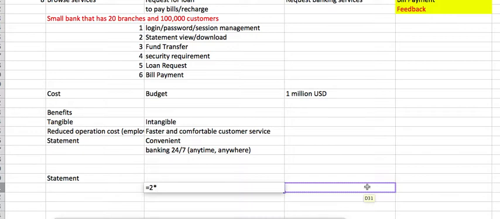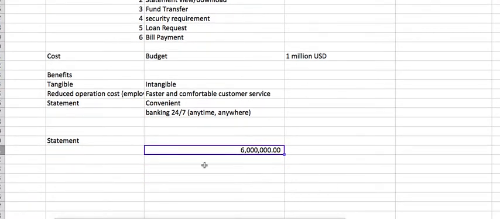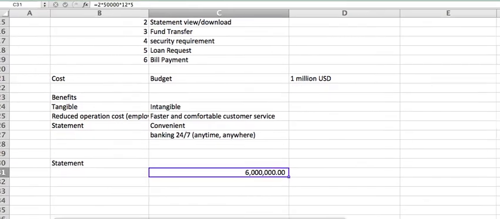But consider 50%. 50% means 50,000 customers are opting, correct? So the $2 you need to pay for the 50%, that is a cost you are reducing, plus 12 months, plus let's take it for 5 years. So this is the saving if you are asking them to download online, so you don't have to dispatch these statements.